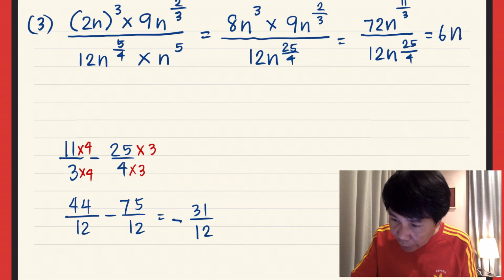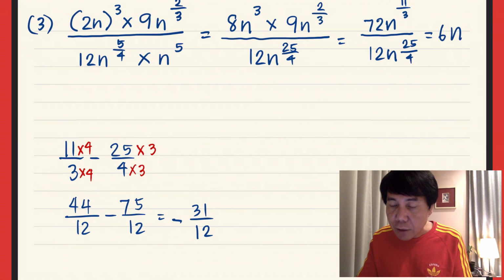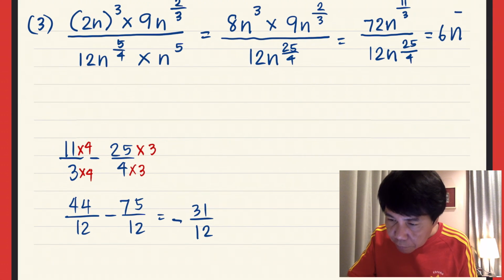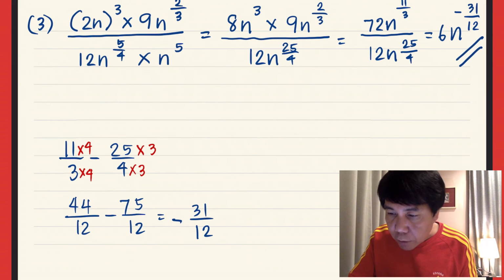Then n, when we subtract 11 over 3 by 25 over 4, the answer is negative 31 over 12. That is our answer.